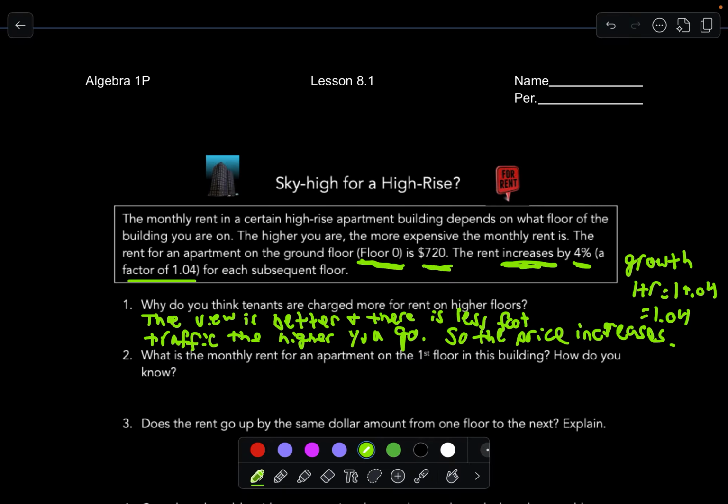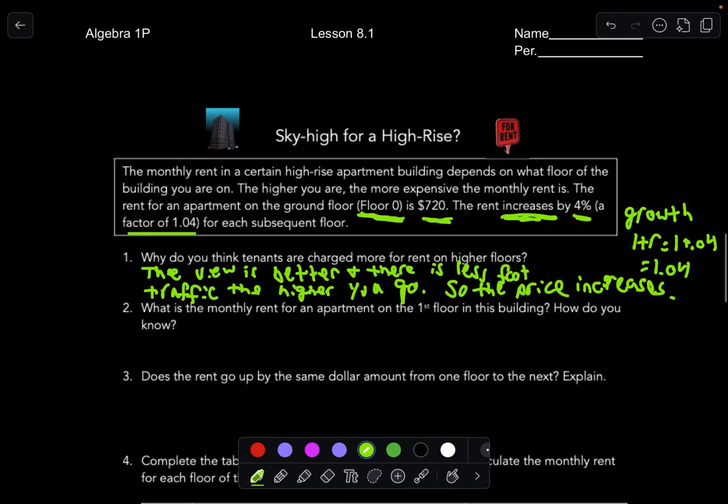Okay. Now, what is the monthly rent for an apartment on the first floor? All right. Well, basically you take the initial amount, $720. That's for floor 0.